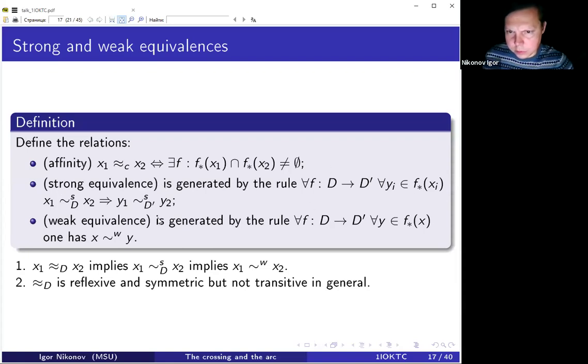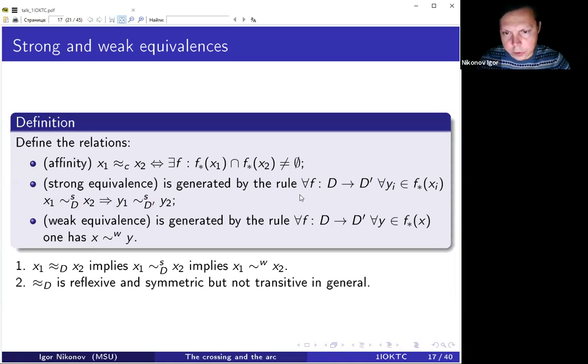It is defined as follows. If we have a pair of equivalent elements, then the images after some morphism of these equivalent elements must also be equivalent. Strong equivalence is equivalence for elements of one diagram.